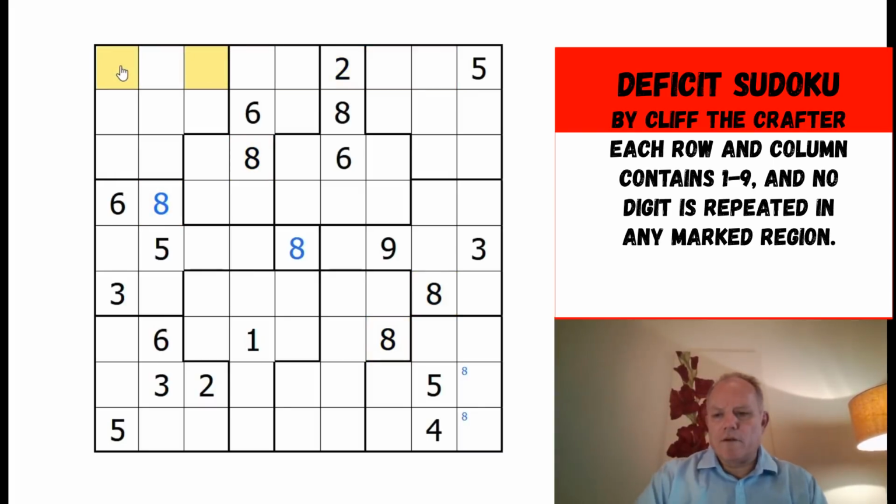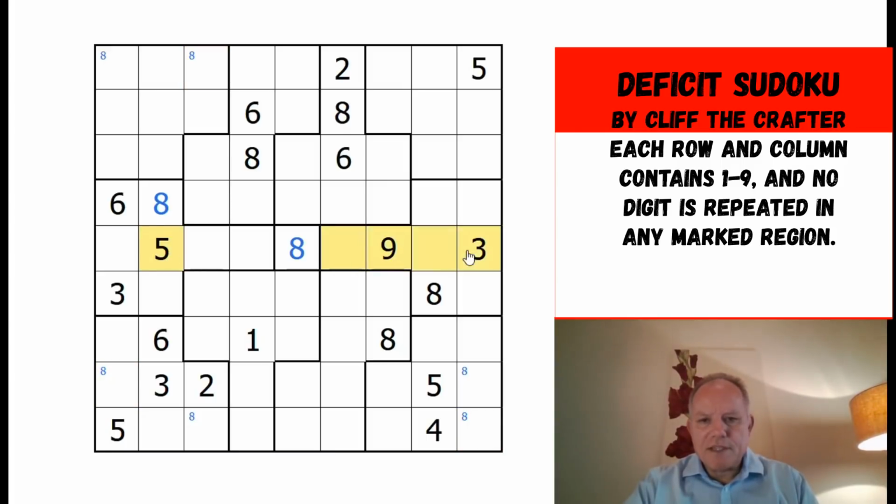So 8 in the top row must be in one of those cells. So we've just got 8's in the bottom 2 rows. One of them's over here. The other one is not here or here. Okay, they're the remaining 8's. It's either in that arrangement or that. There's only 2 possible arrangements, but they are both still possible, so can't do anything.